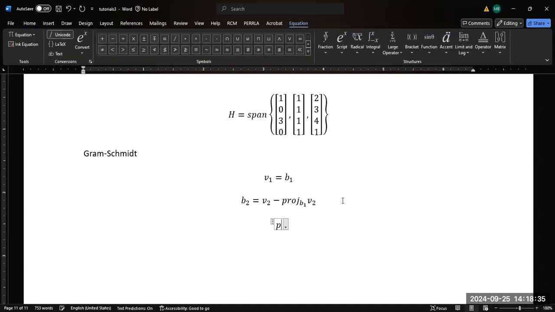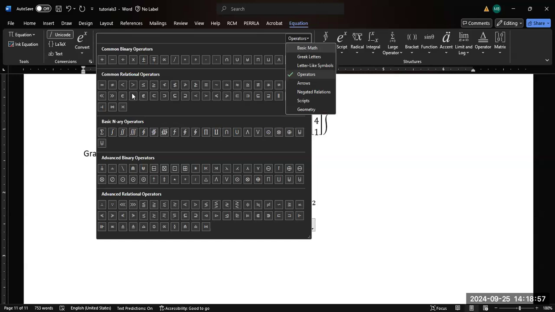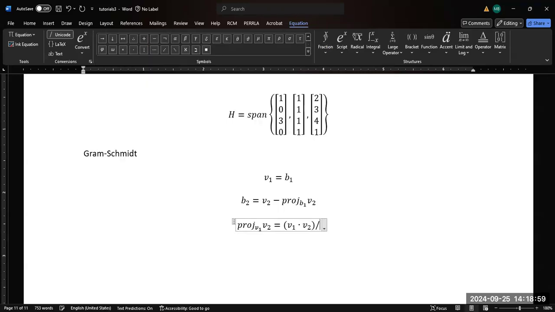All right, so let's calculate the projection of V2 onto V1. Recall the projection formula: V1 dotted with V2, divided by, since we're projecting onto V1, V1 magnitude squared, and then times the original V1 vector.